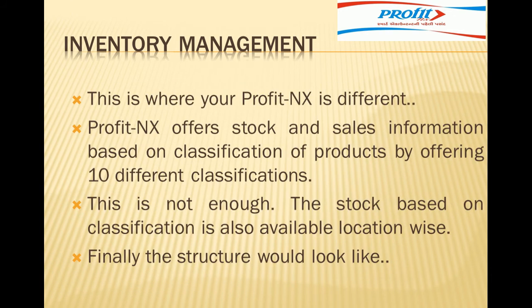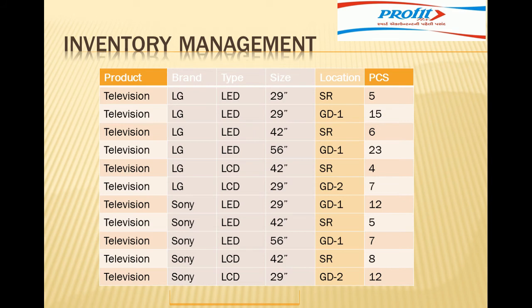Profit NX offers up to 10 classifications, and such stock can also be maintained based on location. For example, brand, type, size are classifications. You have various locations like your showroom, godown, and this is how your stock statement can come. Television, LG, LED 29 inch, in which location and how many pieces.